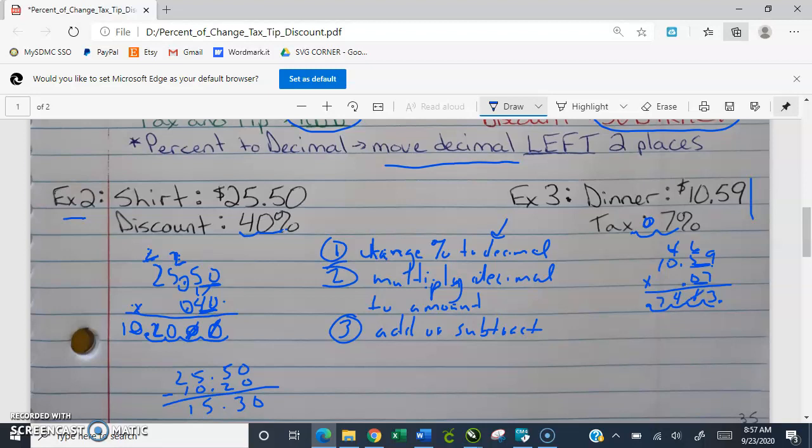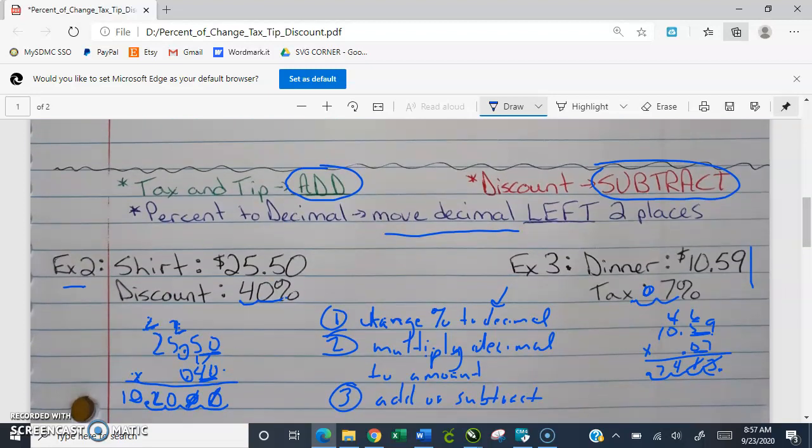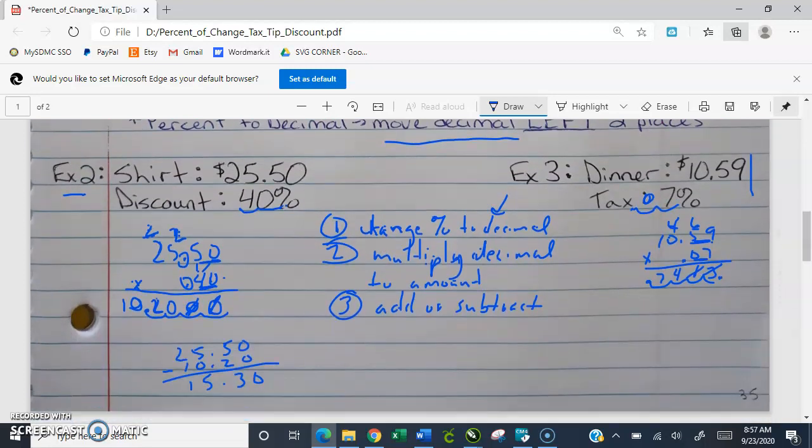So we can get rid of the 1 and the 3. If that 1 had been a 5 or more, we would have raised the score, so that would have been 75 cents. Since we're talking about taxes, we're adding, so we want to add that to our original.